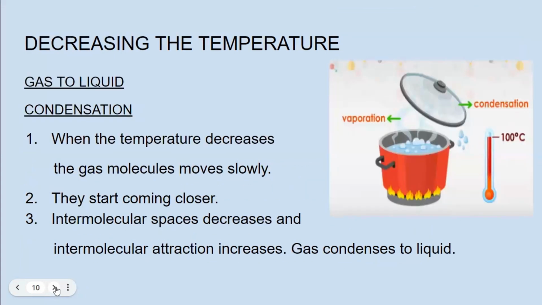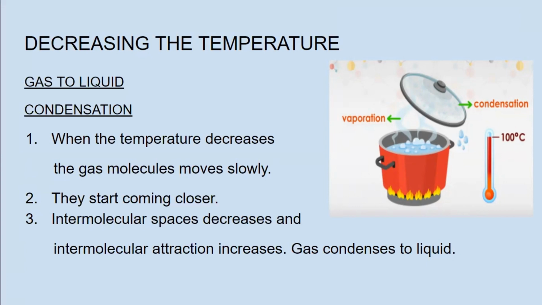Now we are going in reverse. We are decreasing the temperature. When you decrease the temperature, you can see in the pot, we are boiling the water, steam comes out, the steam touches the lid, and the steam turns back into water. What does it mean? When a gas touches a cold object, it condenses. It converts into liquid. Why?